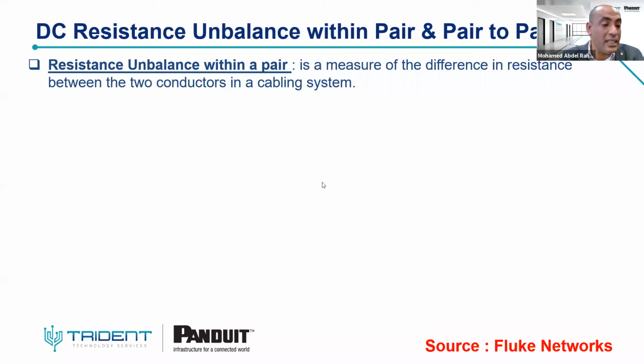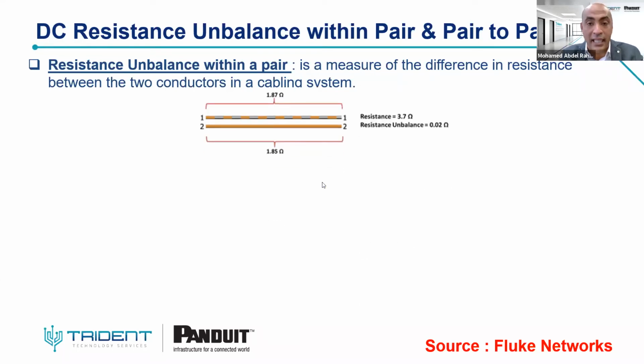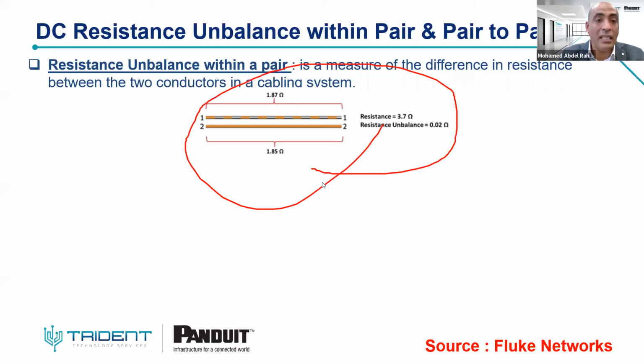The DC resistance imbalance within the pair, as you can see here, is the resistance of one conductor and the resistance of the other conductor. The difference between the two resistances is called resistance imbalance. We need to have identical resistance for the two conductors. So the difference between them is called DC resistance imbalance.